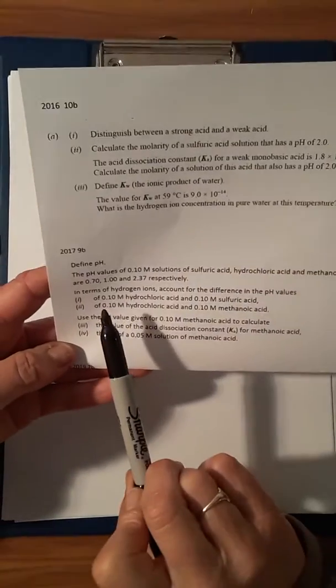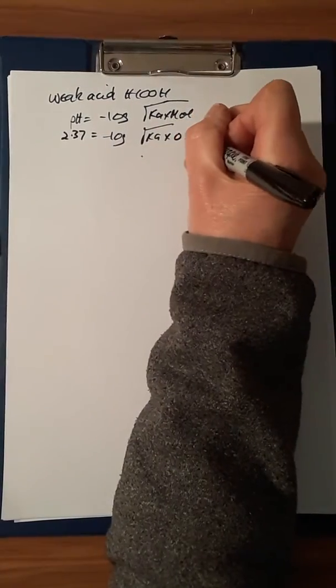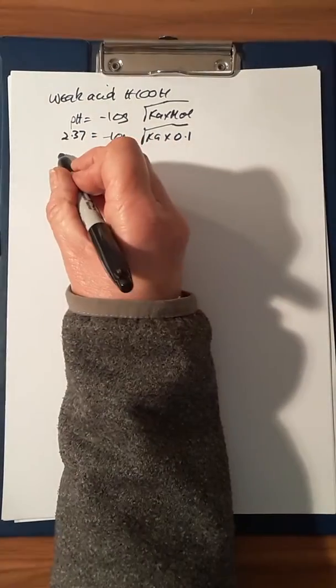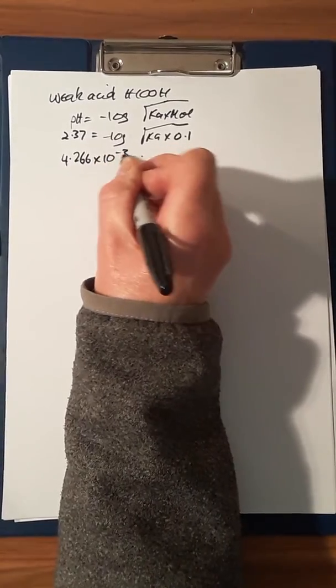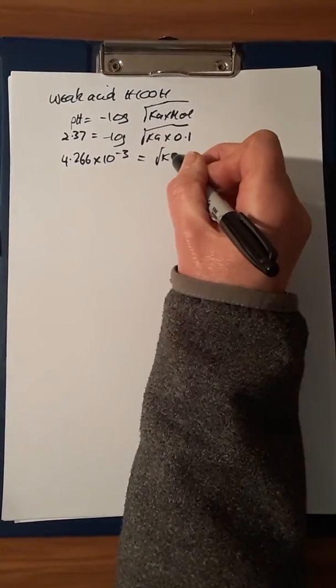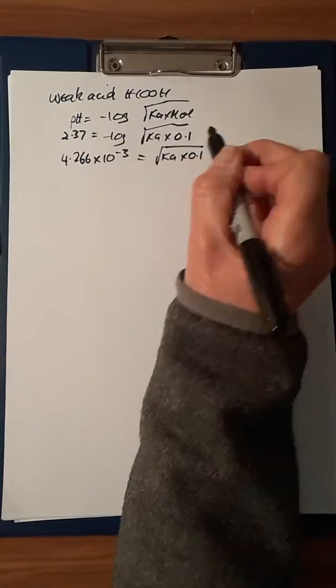Now, the molarity, remember I'm told in the question, is 0.1. So this is multiplied by 0.1. Okay, so let's work this out. Let's get the antilog of minus 2.37, which we already know because we got that in the first part. That's 4.266 by 10 to the minus 3, which is therefore equal to the square root of Ka by 0.1.